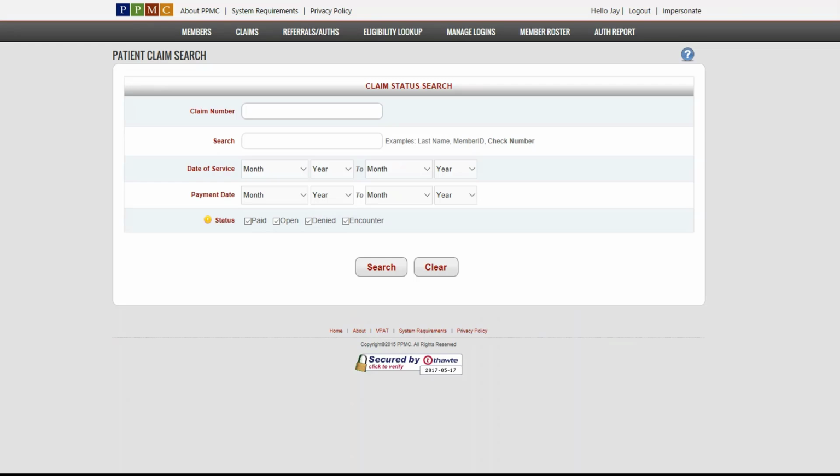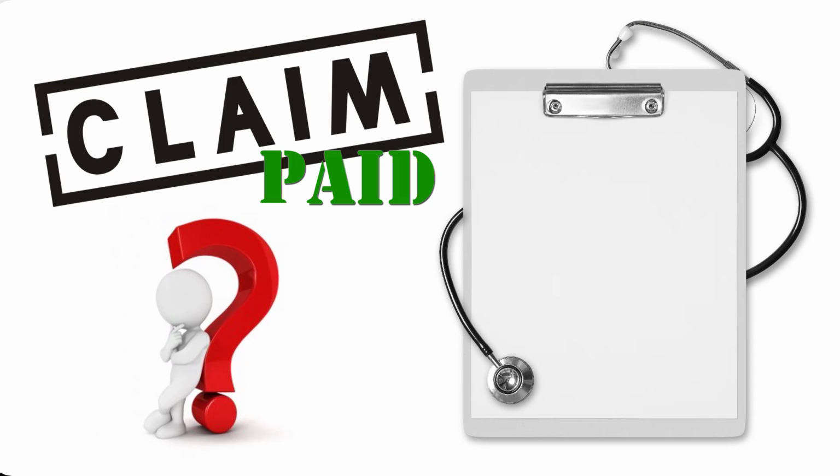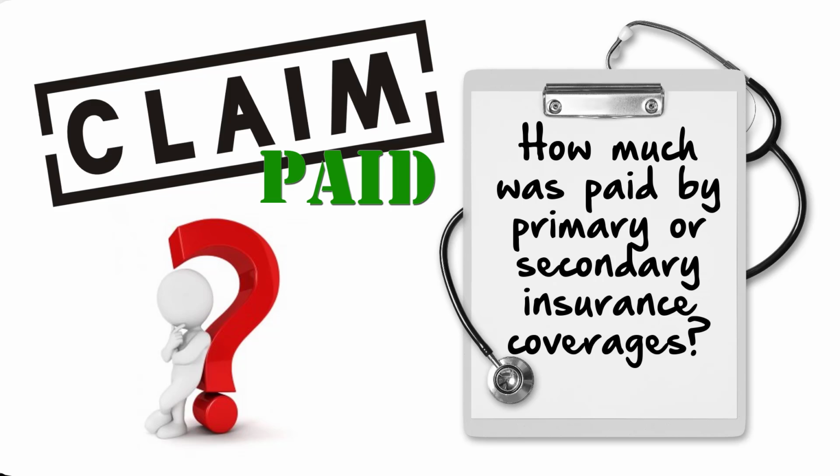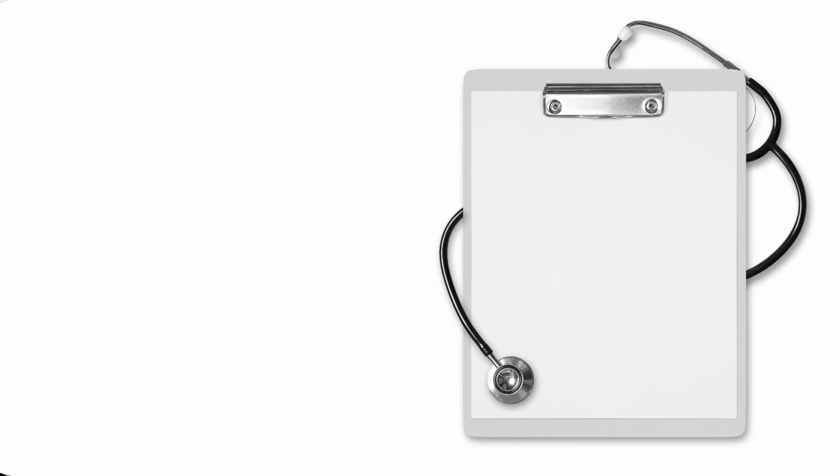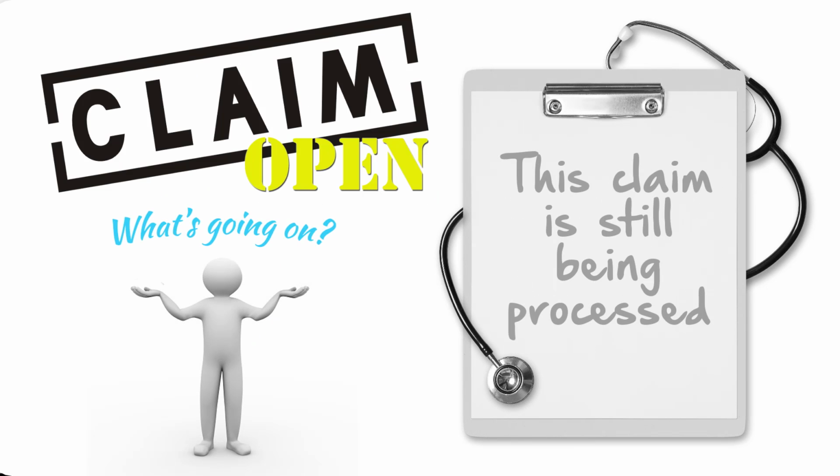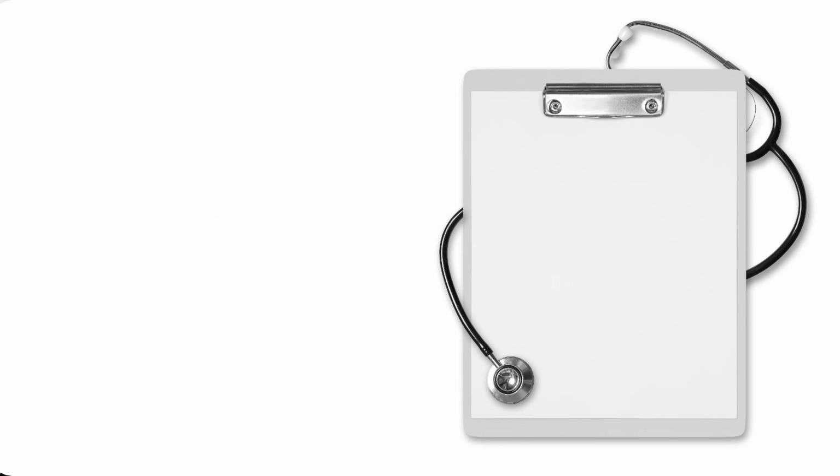A claim can have 4 statuses: paid, open, denied, or encounter. When a claim is paid, the customer may still require details such as how much was paid by primary or secondary insurance coverages. An open claim is one that is still processing and not yet settled regarding payment.